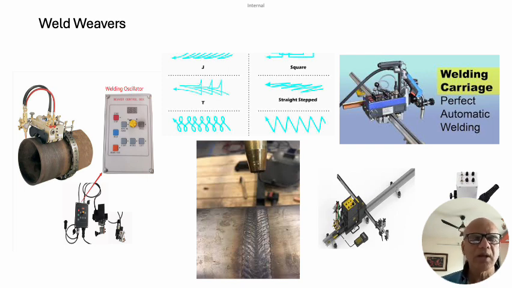The parameters you set are the width of the weaving you want, the pitch, the dwell time, whether you want it on both sides or one side, and so many other variations. Whether you want forward backward, a square movement, a typical thread movement, all this is possible on this kind of oscillators or on the controllers.